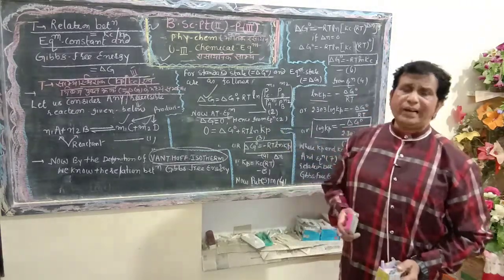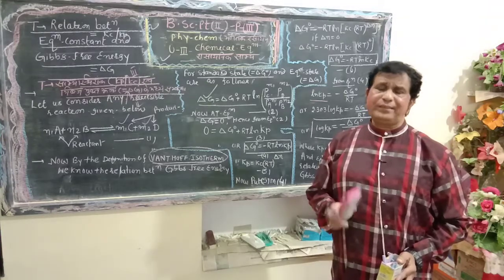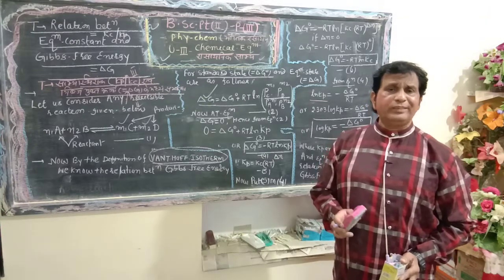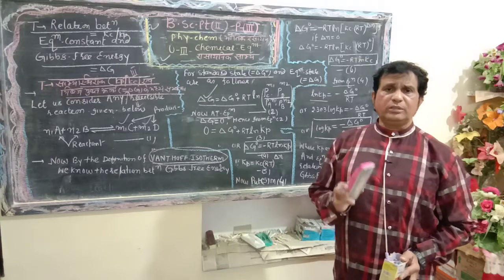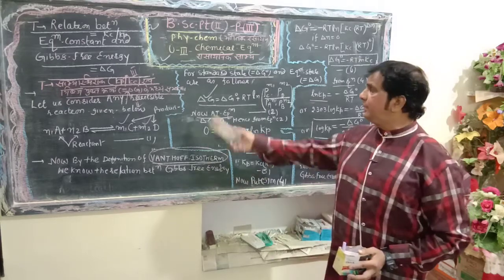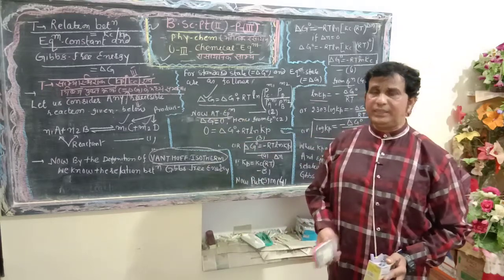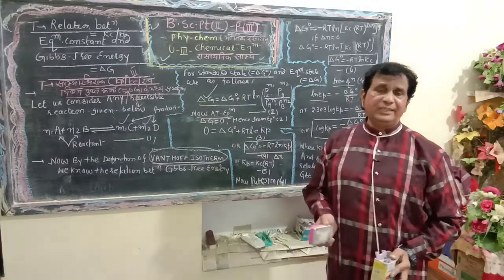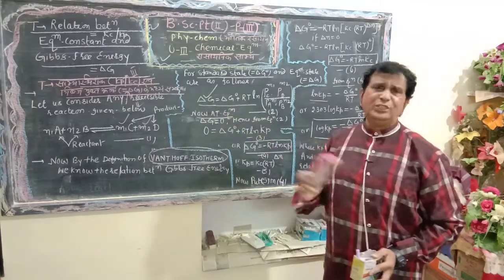The van't Hoff isotherm is a very outstanding and special equation which shows the quantitative relationship between two types of Gibbs free energy, del G and del G0, or del G naught.